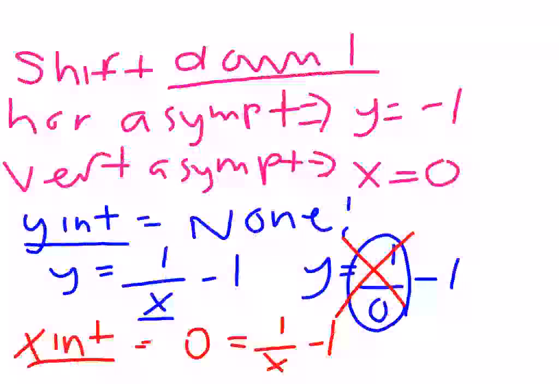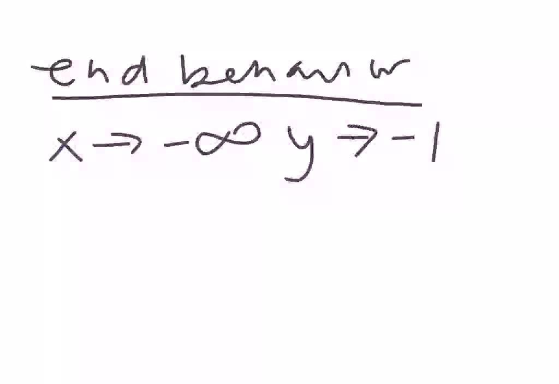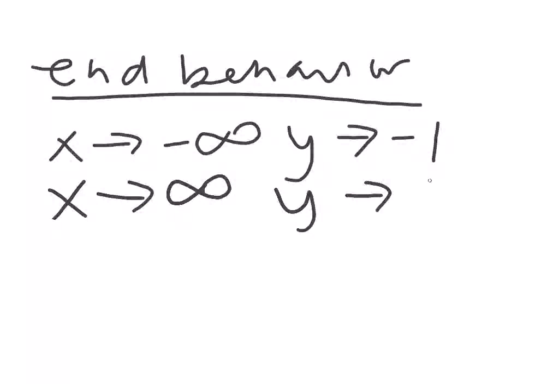So as x approaches positive infinity, y approaches negative 1. And in this case, y equals f of x. It's the same thing, okay? I meant to put negative 1 there. All right, so that's it for number 2.